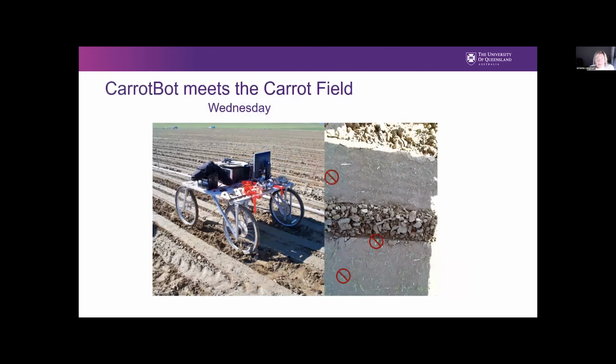Here we have the Carrot Bot in a week's time, out in the field and being tested to see functionally why it works or where it doesn't, and also any other issues with someone using it. These are the sorts of things you need to be thinking about doing.